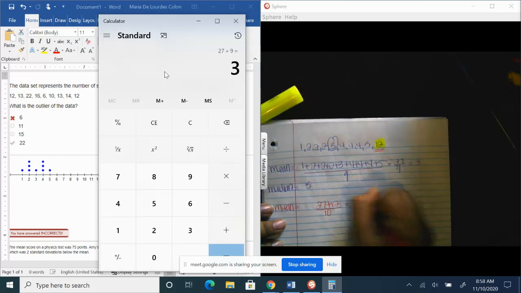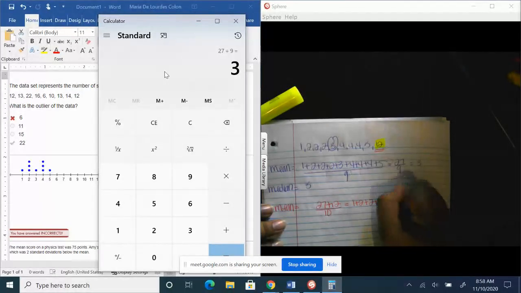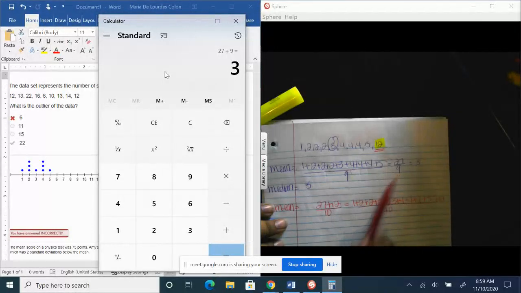It's 1 plus 2 plus 2 plus 2 plus 3 plus 4 plus 4 plus 4 plus 5 plus 12, and divide by 10. So this time we're including the 12, so that's why instead of dividing by 9, now we have 10 values.